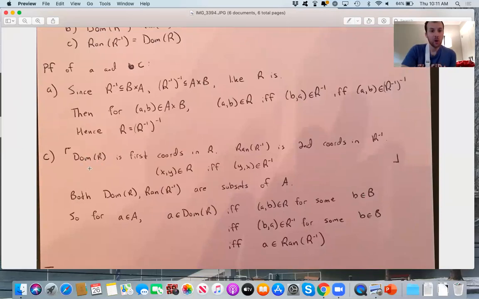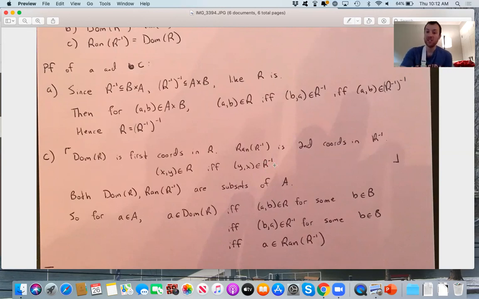The domain of R, by how it's defined, is all first coordinates in the relation R. And the definition of the range of R inverse is all second coordinates in the relation R inverse. And then how these things will be connected is that if a pair is in the relation R, then its reverse is in its inverse.